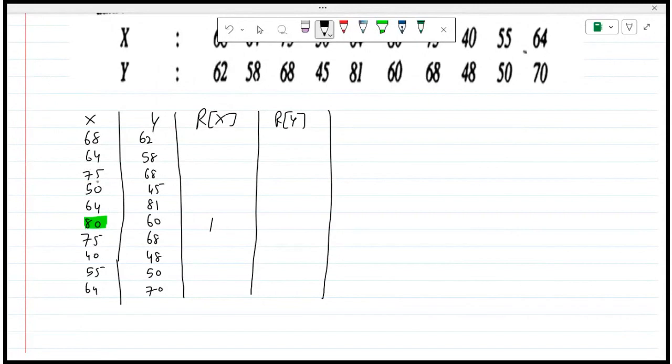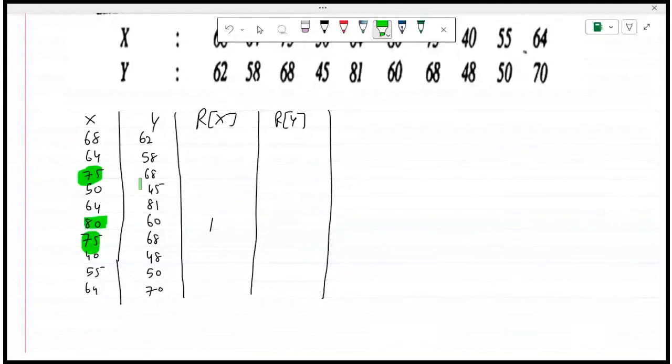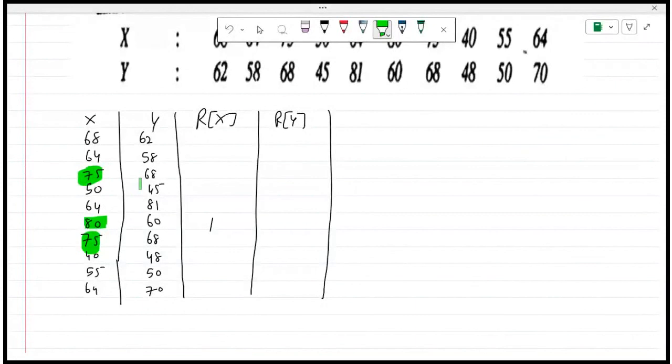The smaller value to 80 is 75. But if you see carefully, this 75 is coming out 2 times. Rank is a tie. Now the tie is for which position? Rank 1 we have already given. The next ranks that we should give are rank 2 and rank 3, because now there is a tie for rank 2 and rank 3.